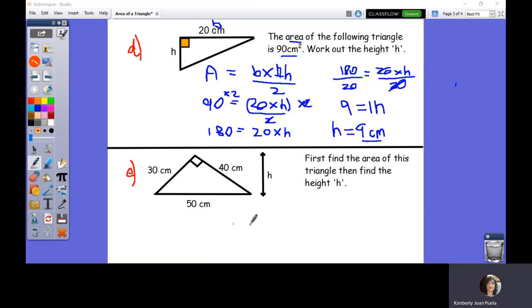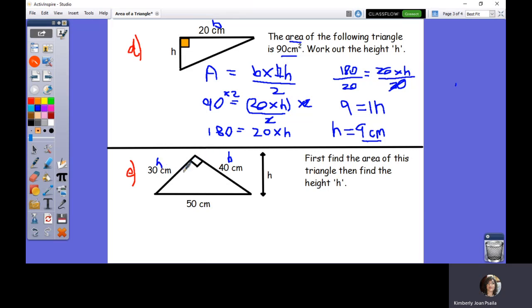Alright, so we have the last example here. First find the area of this triangle, then find the height. So now we are given 3 different measurements, and we have to determine which is the base or the height. Since it is a right angle triangle, you can use this 40 as your base, and this is your perpendicular height.